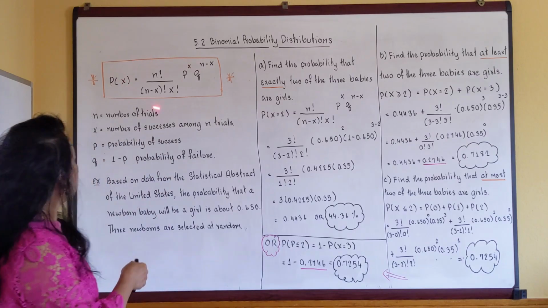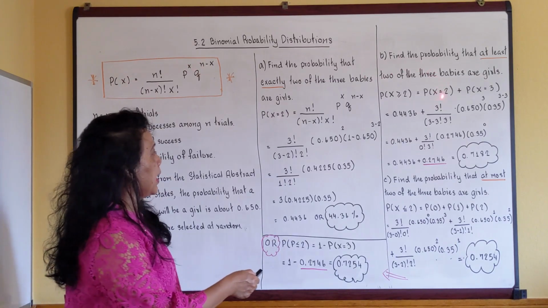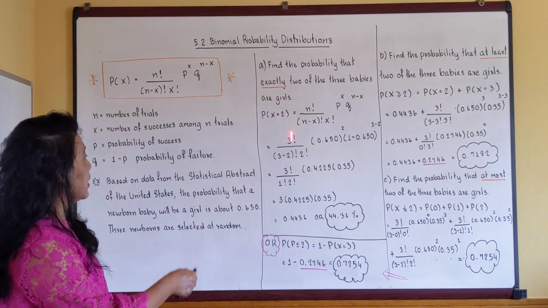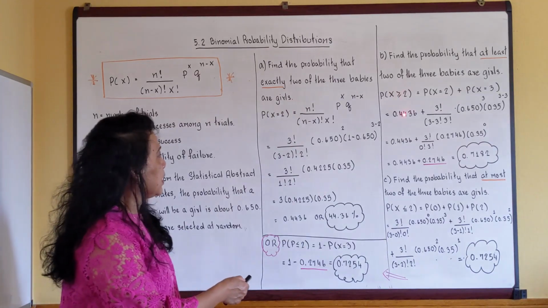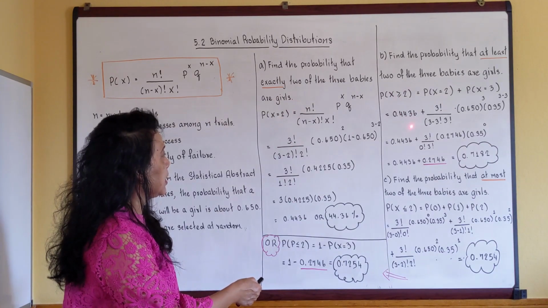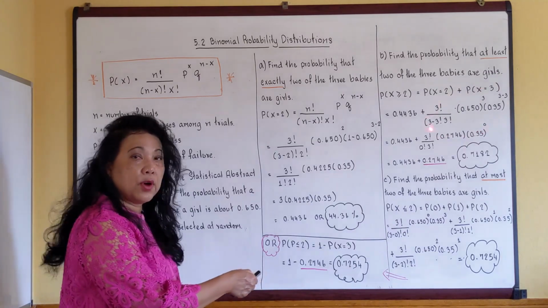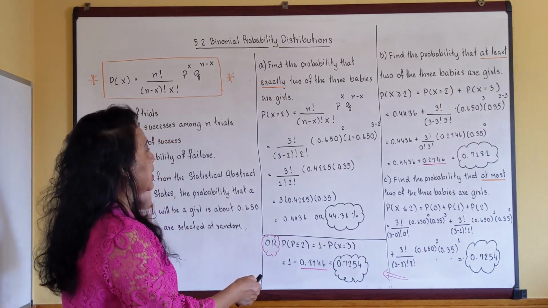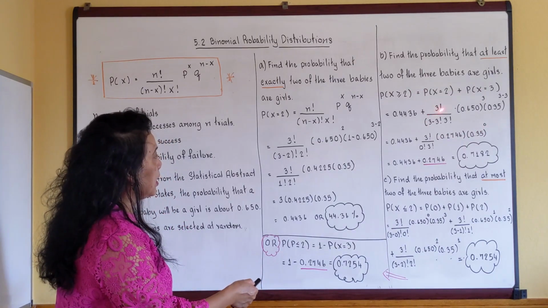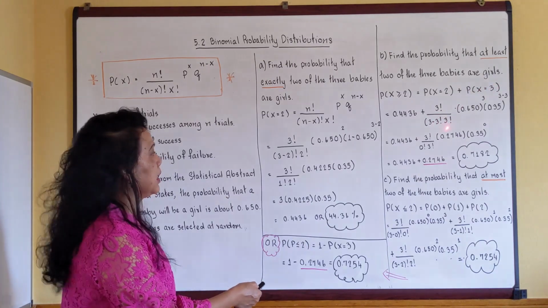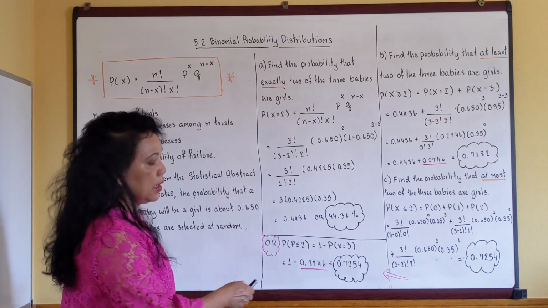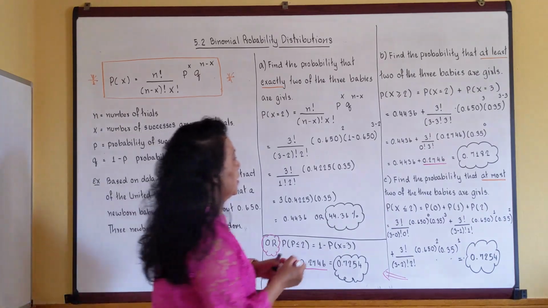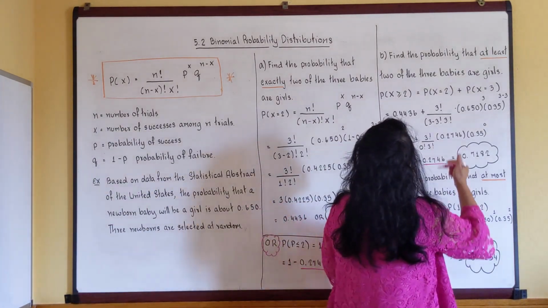So you have to apply this formula for x equal to 2, which we did already from the first example, and we get 44.36%, and for 3, we have to do that formula again. So my n now is going to be the same, 3, but my x is 3, as you can see here, 3 factorial. I forgot the parenthesis, so it should be a parenthesis here.